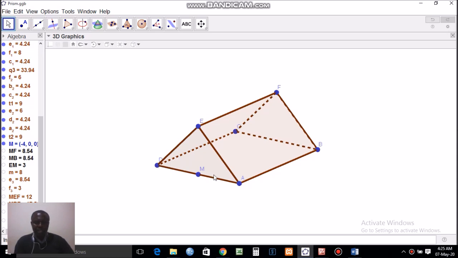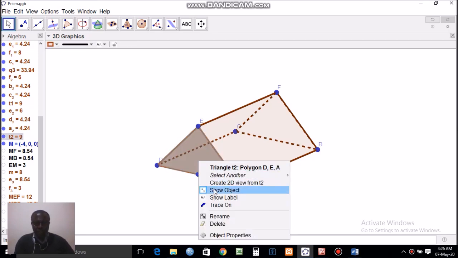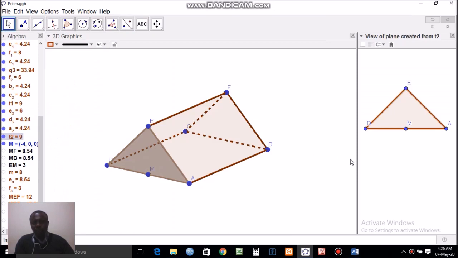ED and AD are both on triangle EDA. So we will extract that triangle and draw it separately. And this is what we have. So here we are. So this is the triangle containing ED and AD, and the two lines intersect at D.